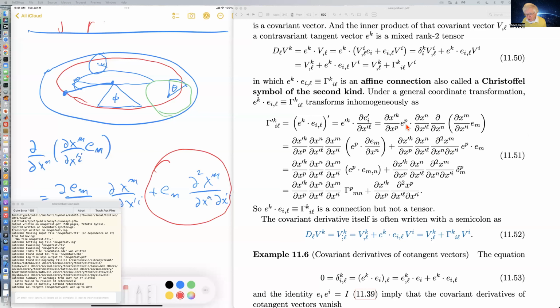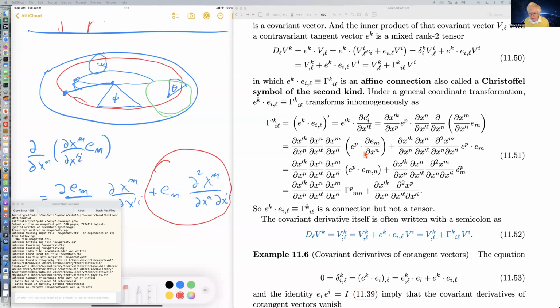And then we have the dot product of EP with EM, that's this. And then we have this term, and okay, so I've explained this second line. I've just changed the notation here to the common notation in order to get back to the definition of the Christoffel symbol of the second kind, or the affine connection, and it's the Levi-Civita affine connection.